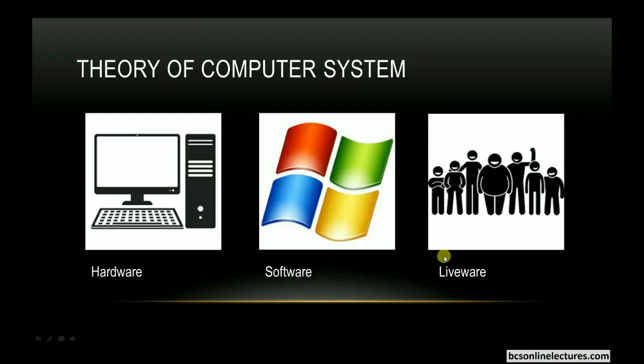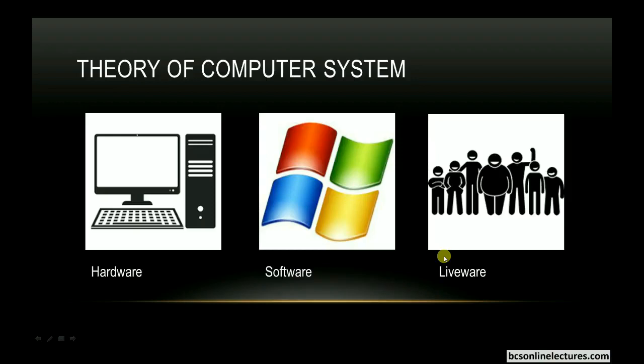This theory of computer system says that in a computer system there are three components: hardware, software, and liveware. In another word, to consider a system as a computer system, there should be hardware, software, and liveware. A computer system is made of these three components. This is the theory of a computer system.